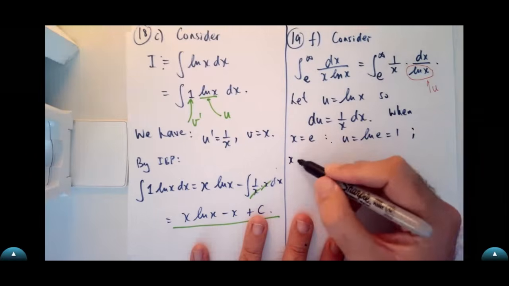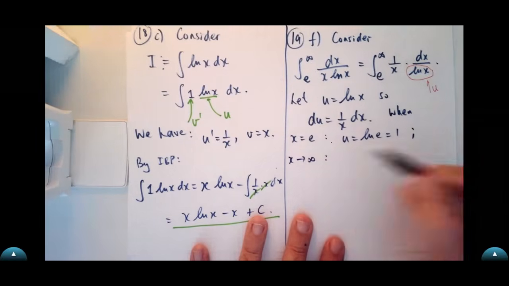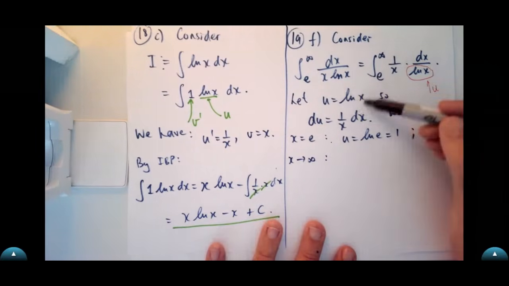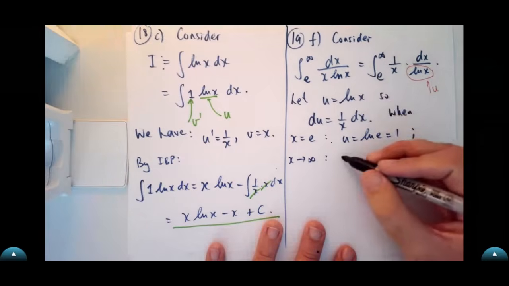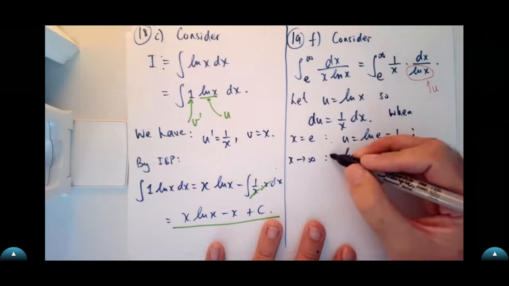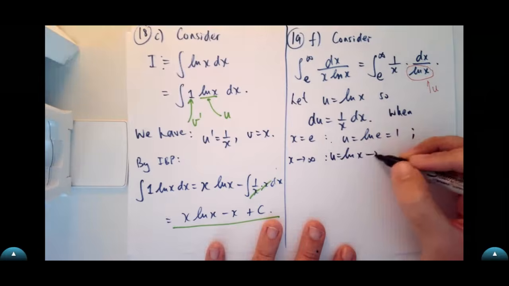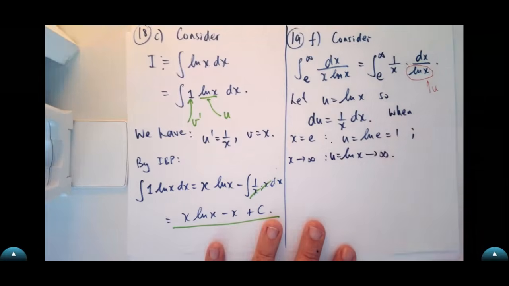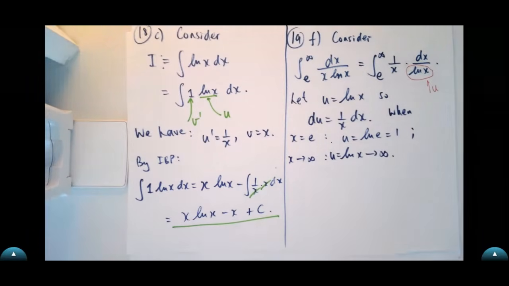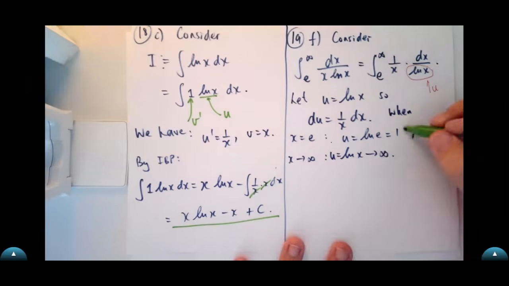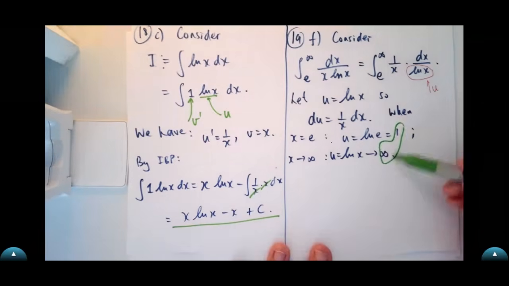And when x goes to infinity, what will log x approach? Log x will also approach positive infinity. So u equals log x will also approach positive infinity, and these are going to be our new limits of integration, from 1 to infinity.